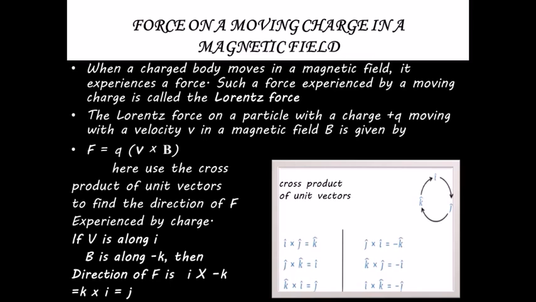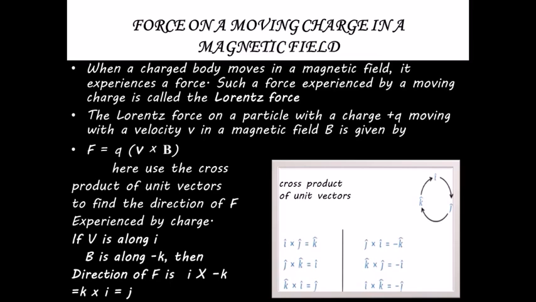If I move in a direction opposite to the given circle, then I'll get a minus sign. For example, if I'm making a rotation from i to k, I want to find out i cross k cap. That means I'm performing a rotation reverse to the rotation given in the circle. Then I'll get, of course, j cap, but with a minus sign. So i cross k cap will be equal to minus j cap.